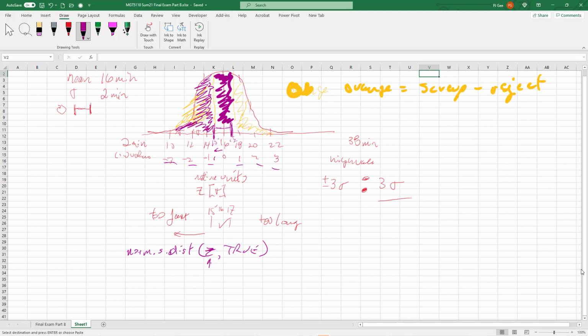If you look at it, there's minus 1 standard deviation, and here's 0 standard deviations, and by golly, 15 is right between 16 and 14. It's half that distance, so it's half a standard deviation.